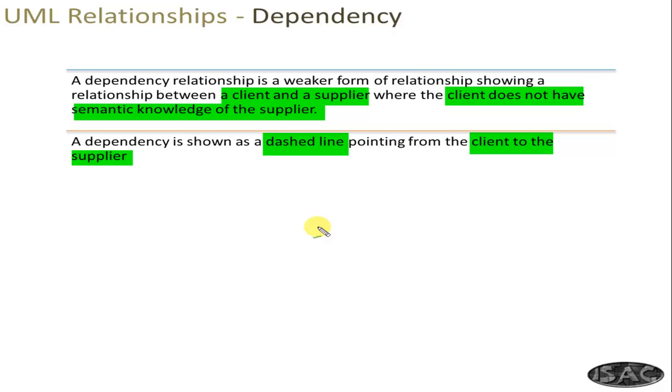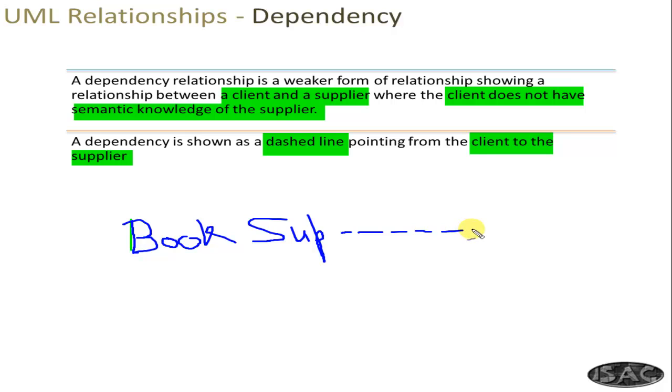We will see one example where we have a book supplier, and then there is a relationship like this, and there is a buyer.